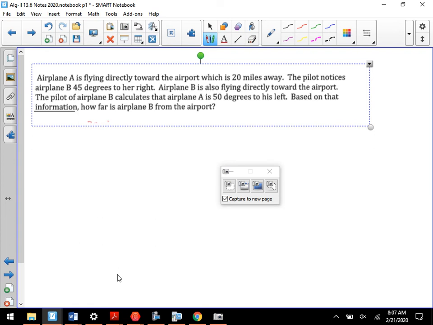The next line should say airplane B is 45 degrees to her right. The pilot of airplane B calculates that airplane A is 50 degrees to her left. Based on this information, how far is plane B from the airport? All right. So you might want to write that in, just so you can clear it out. And I'll talk about degrees and minutes.